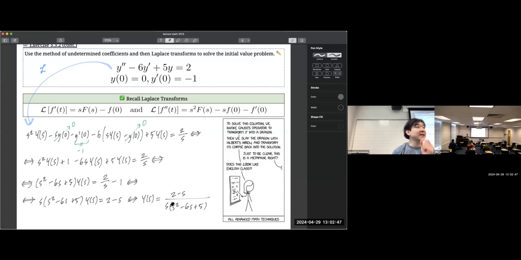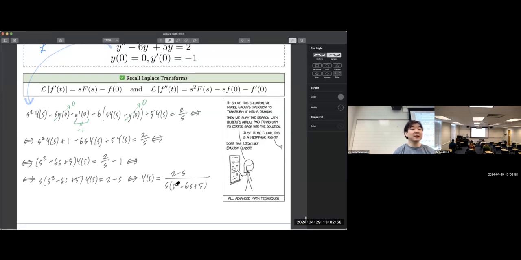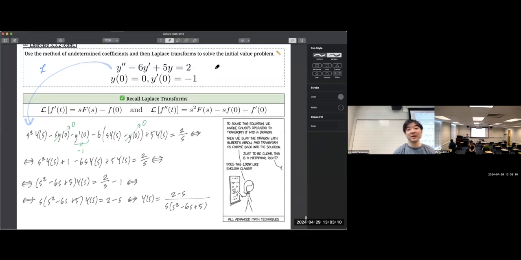But capital Y of s isn't our solution, because our solution is little y of t. What can we do to this to get little y of t? Any ideas? This is capital Y of s. Capital Y of s is like the Laplace transform of our solution. So I'll write that down up here. Capital Y of s is the Laplace transform of our solution y of t.